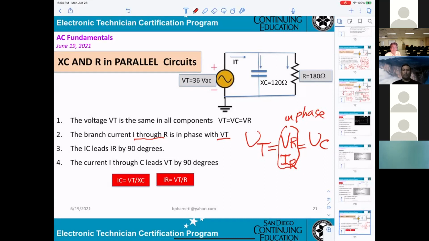Now, I see lead what? Voltage. V, IC. That is the formula. IC leads VC, no matter the circuitry. So now they say IC leads IR. IC leads VC, and also IC leads VT.